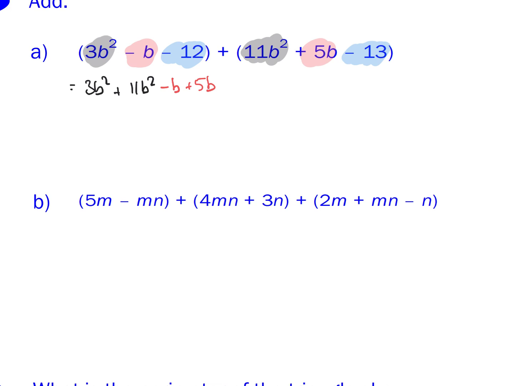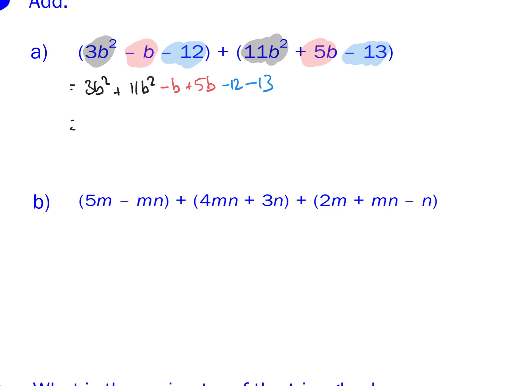And then we'll group our constant terms or our numbers together. We've got negative 12, take away 13. And then it's just a matter of remembering our rules for integers.